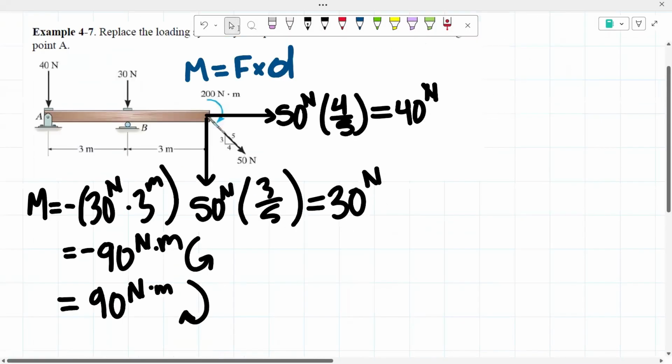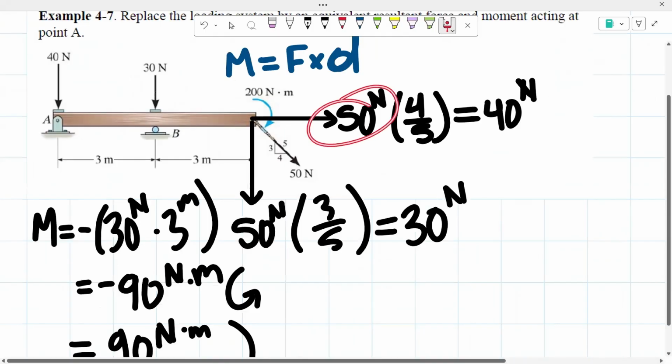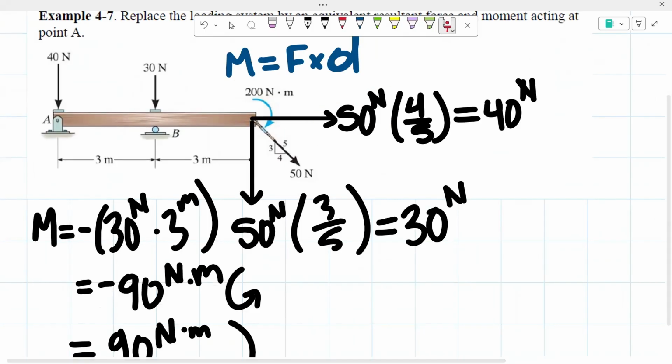So now we're going to proceed to our 50 newtons that we have right here. As you can see, since it's a horizontal force, it already intersects with that vertical axis. So that means that's not going to be creating a moment, so we can negate that one.